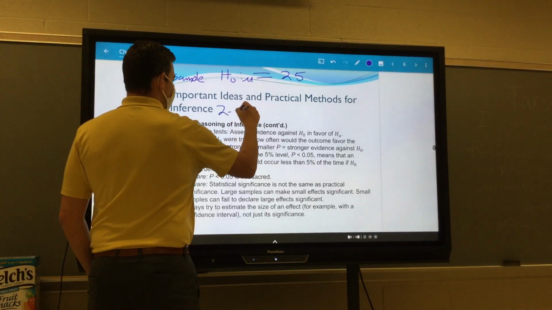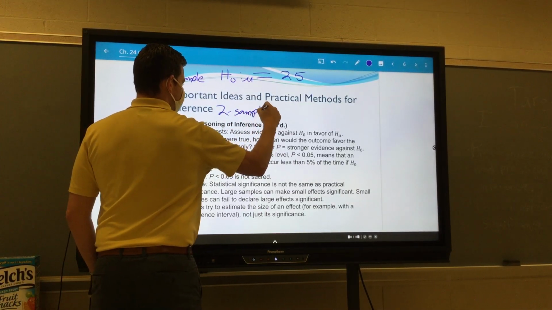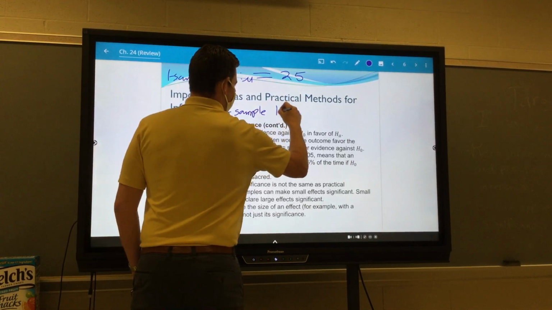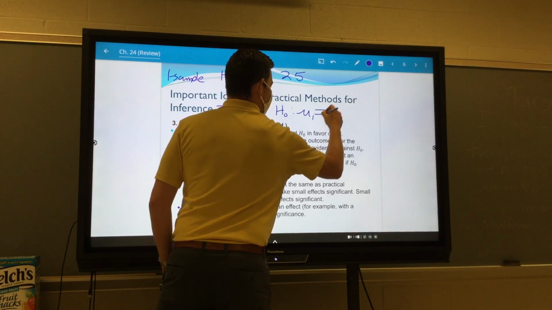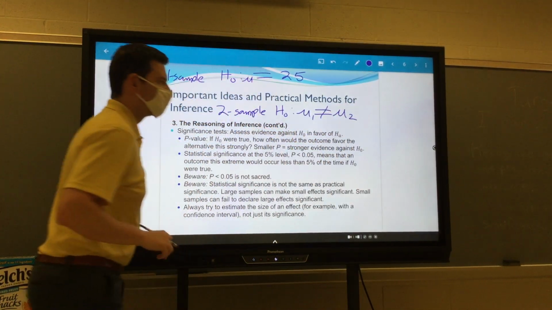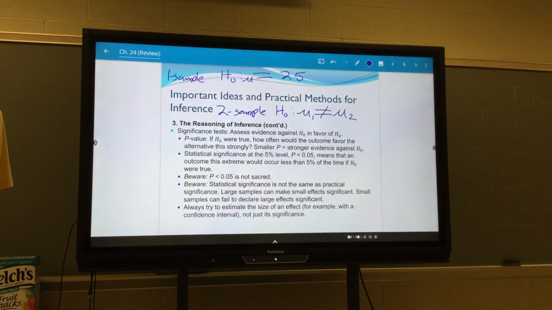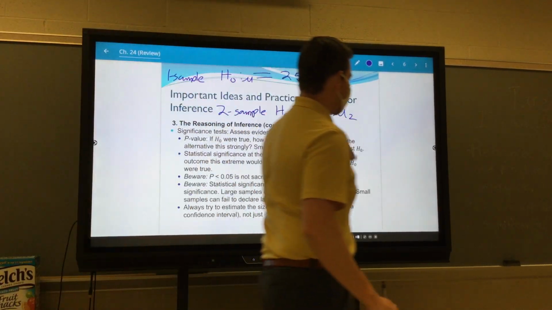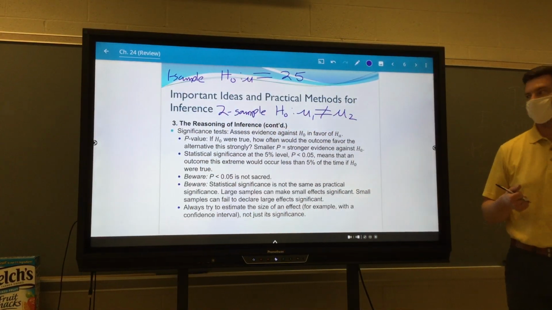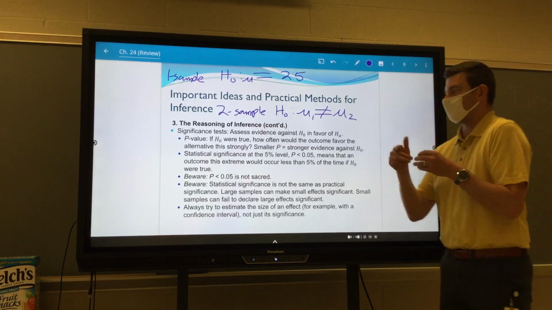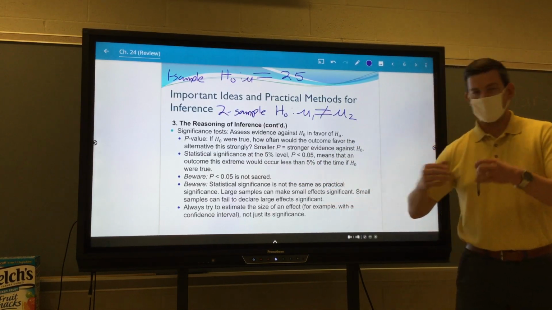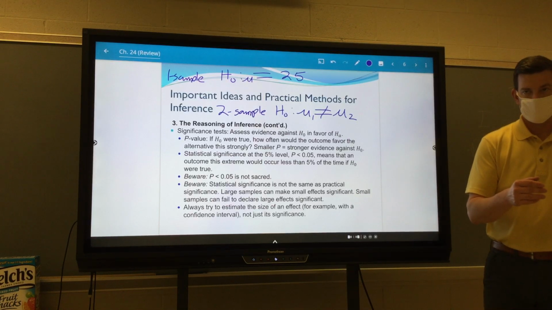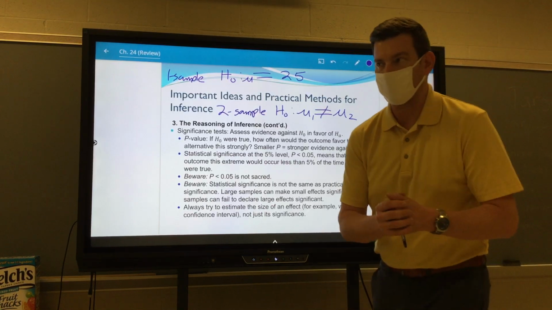With the 2 sample, the null hypothesis is comparing to another sample. So there's no null value there. You're testing to see if there's a significant difference between those 2. And as we work our way through, we're getting a test statistic that corresponds with a p-value.